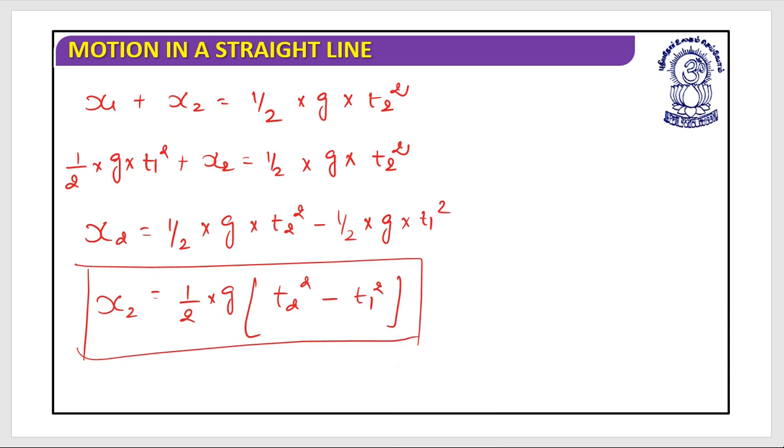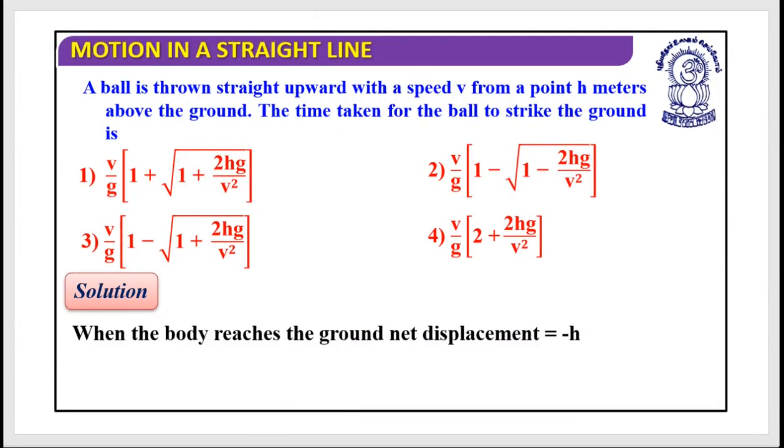Okay, let's look at the next question. The data given is that a ball is thrown straight upward with a speed v from a point h meter above the ground. The time taken for the ball to strike the ground is.